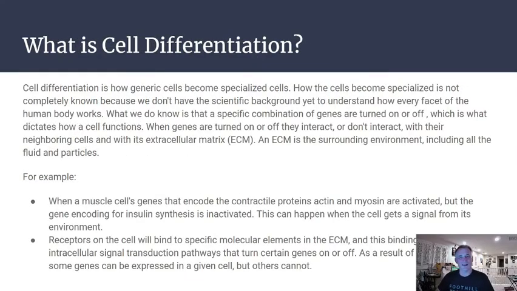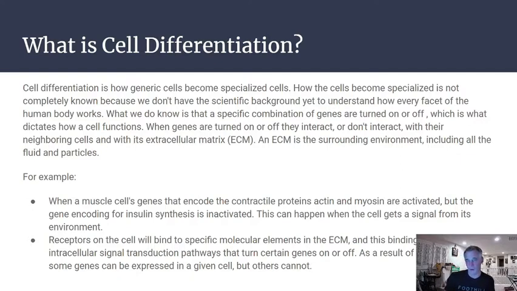So what is cell differentiation? Now that's where we're getting into how these stem cells, for example, can become a cardiac muscle cell, or how a stem cell could become a nerve cell, or how it could become a skin cell, and so on. So cell differentiation is how generic cells become specialized. How the cells become specialized is not completely known. It's tricky business. It's cutting edge stuff that they're still researching.